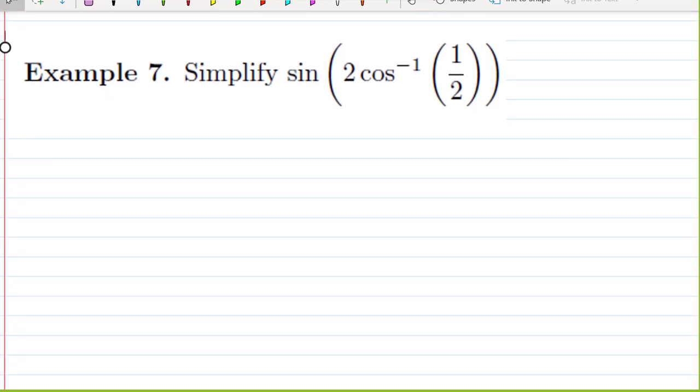We want to simplify the same thing, and once again we see the cosine inverse of 1/2, and we know that's an angle, but we have 2 times that angle. So we want to remember that inverse trig functions are angles.